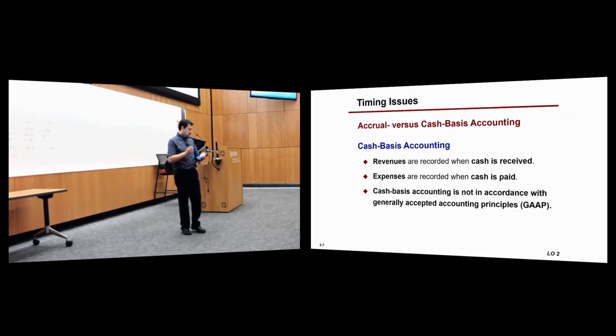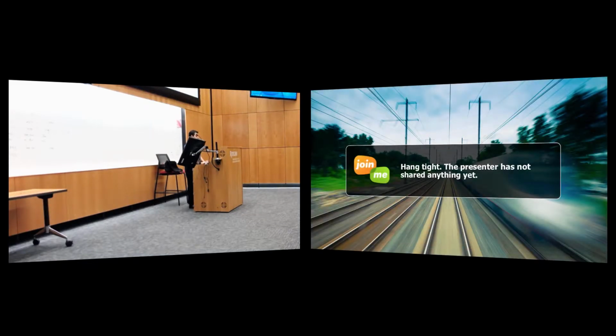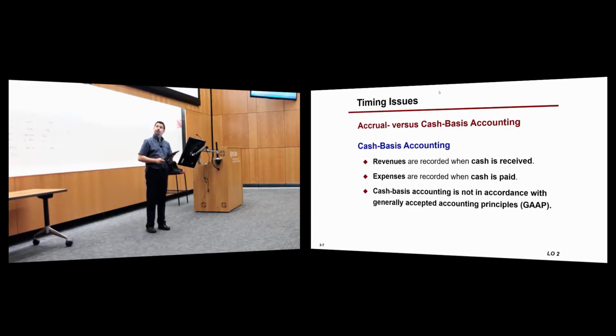So let's say that in 2015, the company buys a truck for $30,000. According to cash basis, the company paid $30,000 for the truck, and then they made revenues of $10,000. So what's the net income or net loss for the first year?